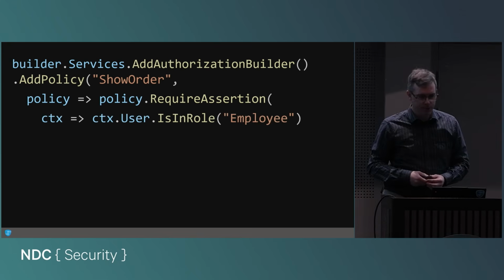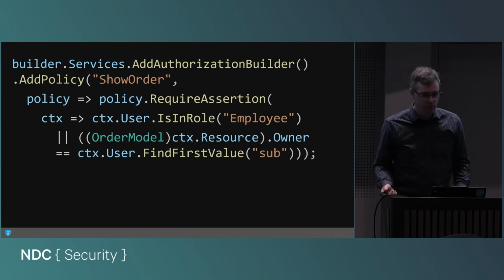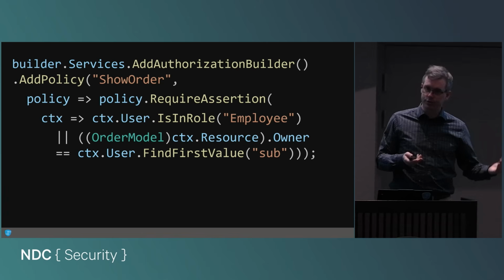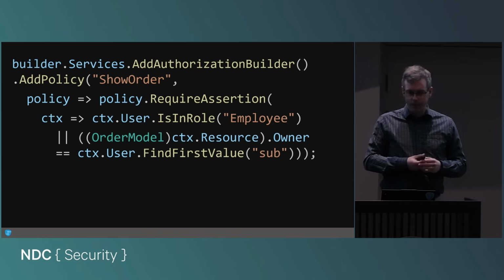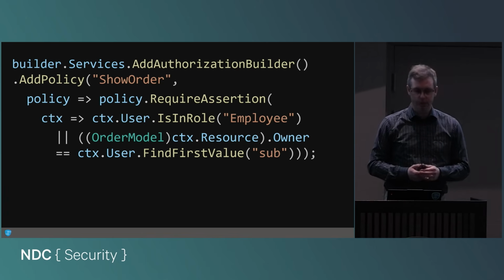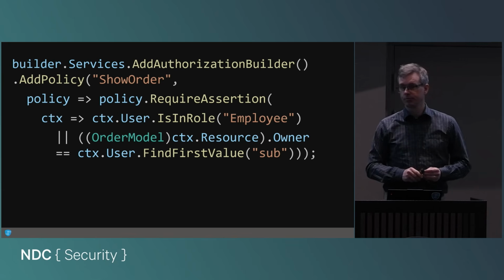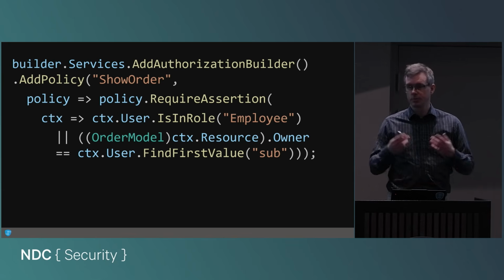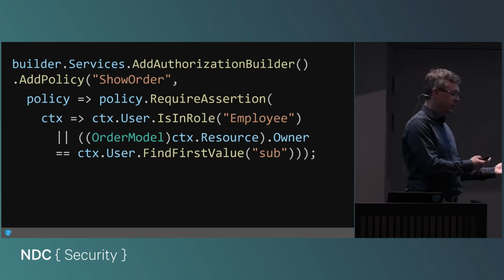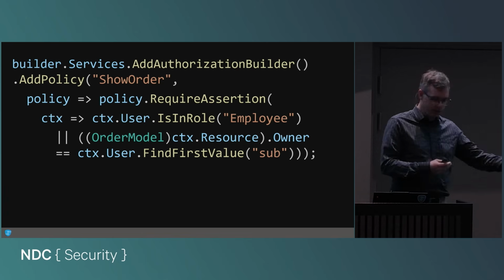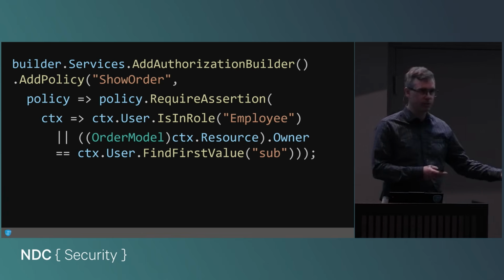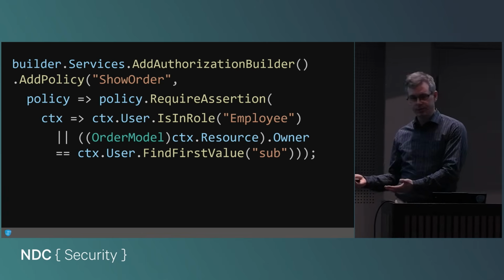In this case, the assertion checks if the user is in role employee, or if the owner of the resource matches the subject identifier of the current user. So we've implemented that customer service or anyone employed at the company can see any order and customers can see their own orders.